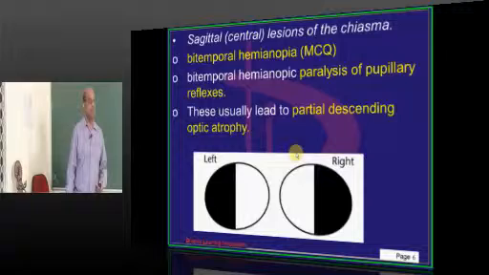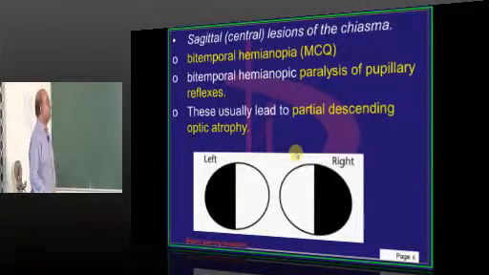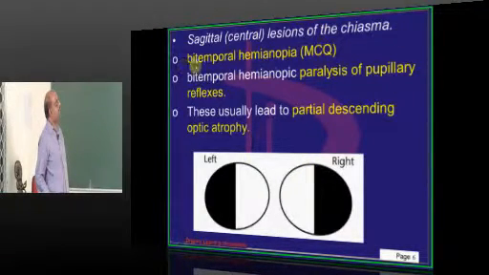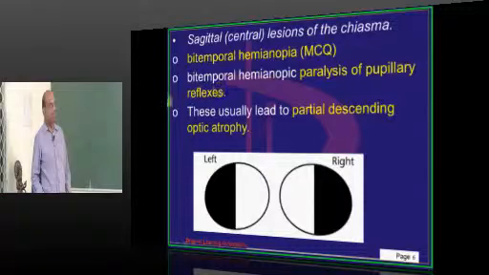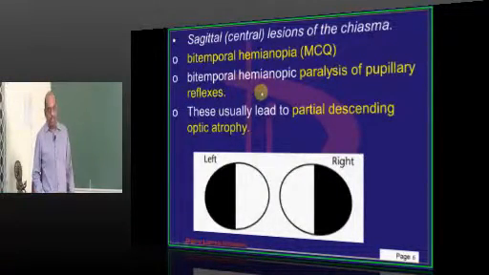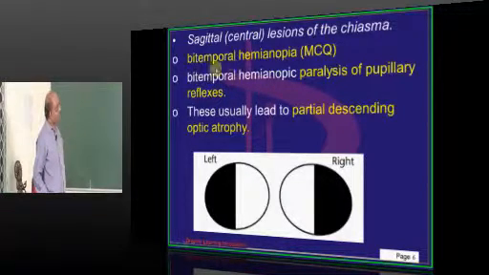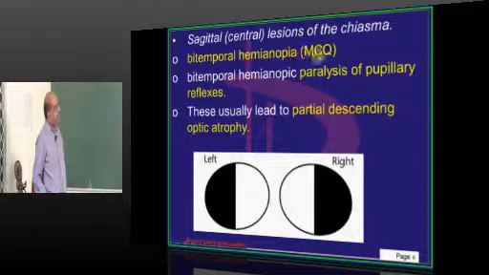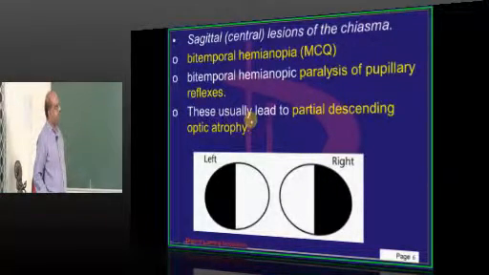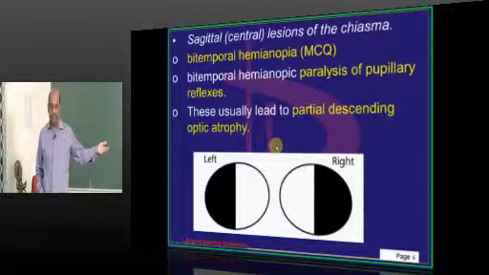Now, doctor, central lesions of the optic chiasma, what will it lead to? Like pituitary adenoma, which is compressing the central part, they typically lead to bitemporal hemianopia, and that also leads to optic atrophy.